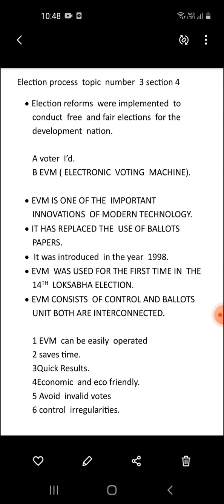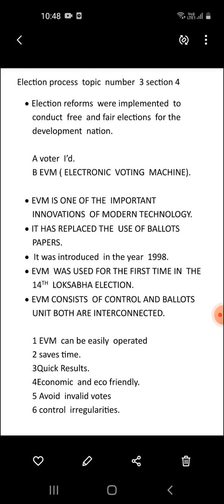Hence, to conduct free and fair elections and to educate the people, the Election Commission has implemented two important reforms through which election is possible through ballot papers and not bullets. So, on the basis of the recommendations of the committees, the government has implemented the following reforms.